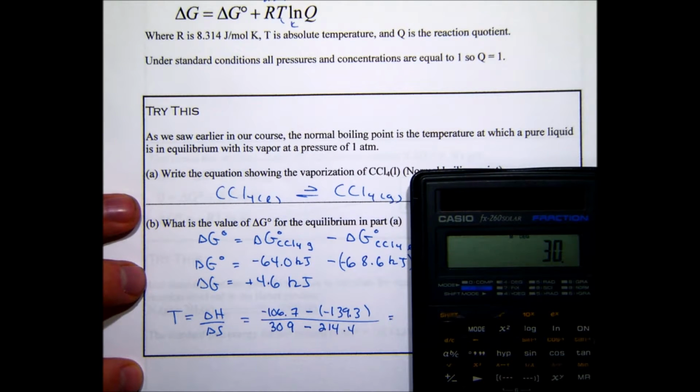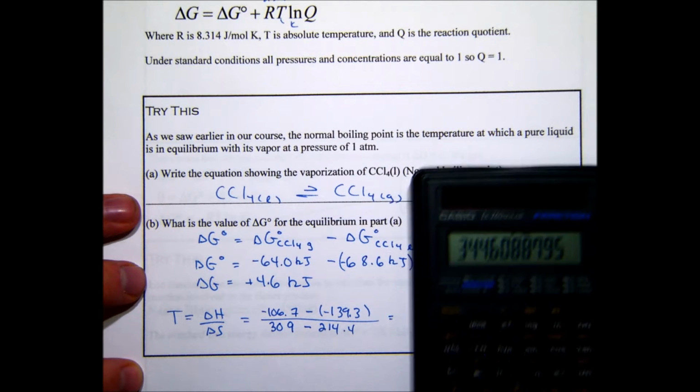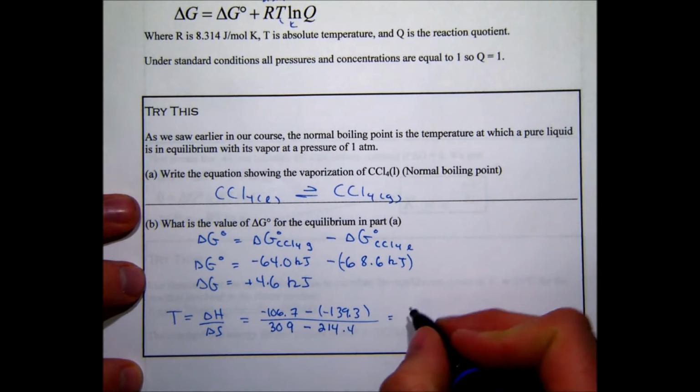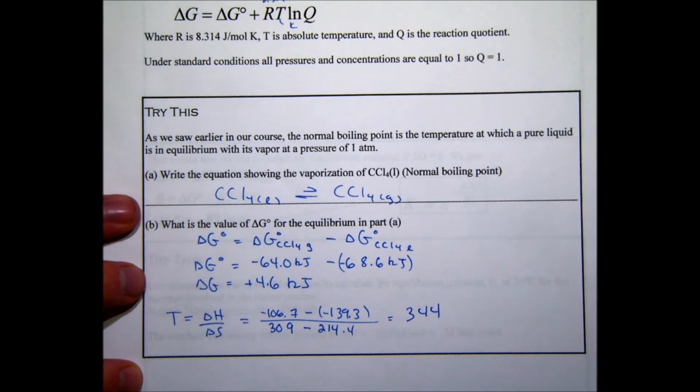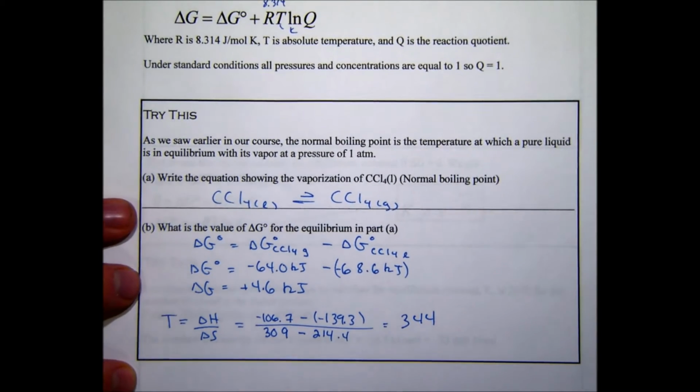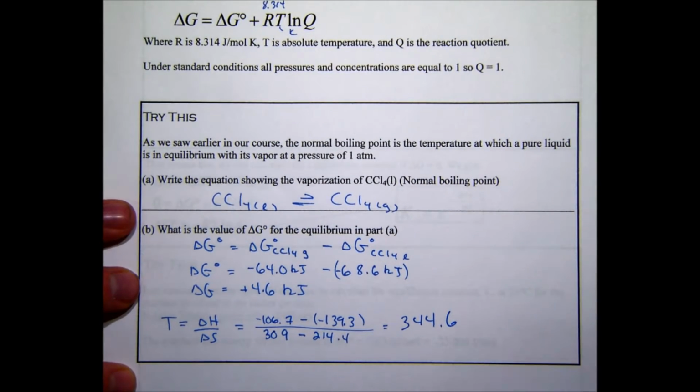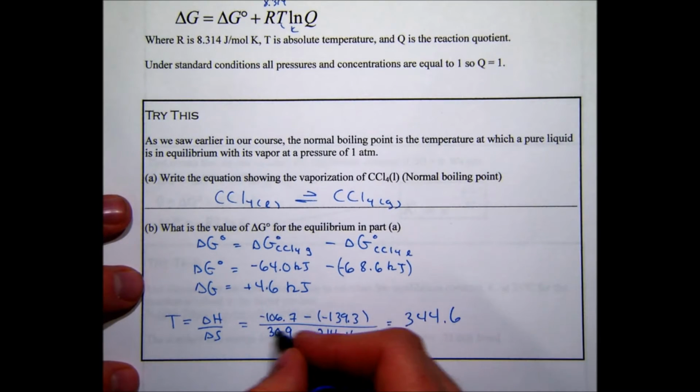Then 309 take away 214.4 times 1,000 is 344.6. All I did there was take into account that I hadn't converted this from joules.